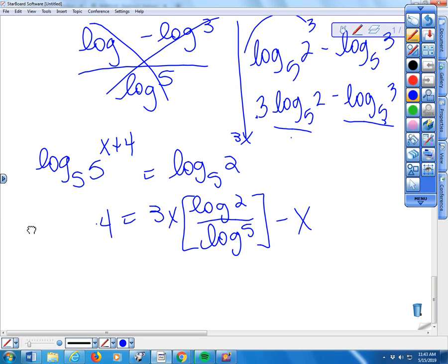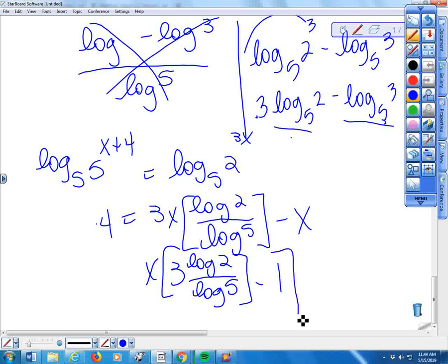Factor an x out. Right? If I factor an x out of this, I have 3 left, 3 times this whole thing. Factor an x out of this, I have 1 left. And that's equal to 4.